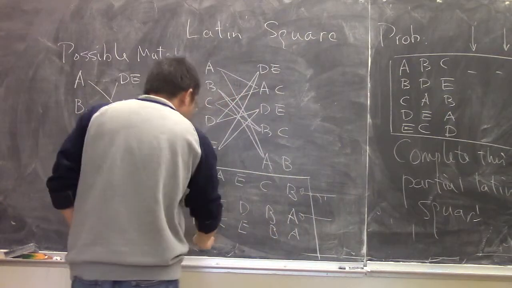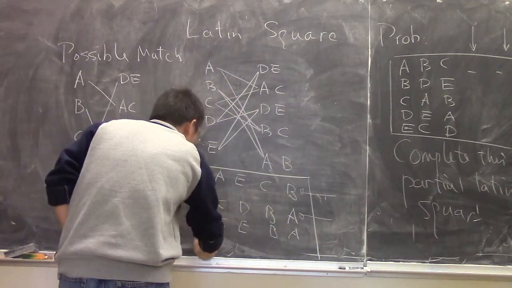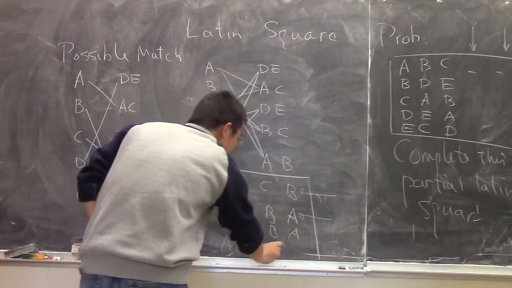So the opposite one is going to be E, A, D, C, B.